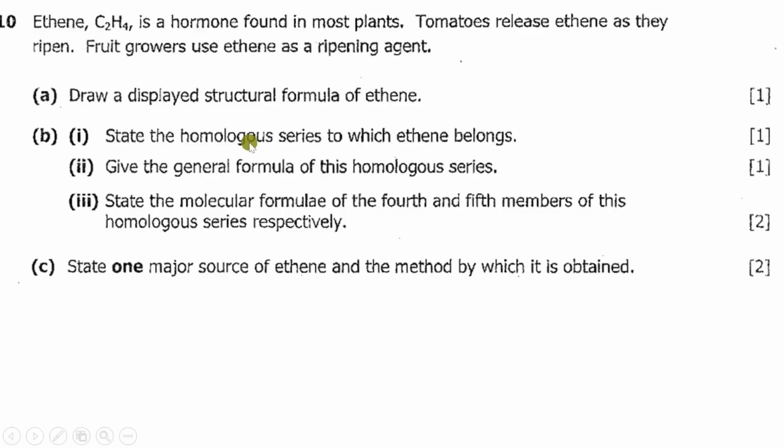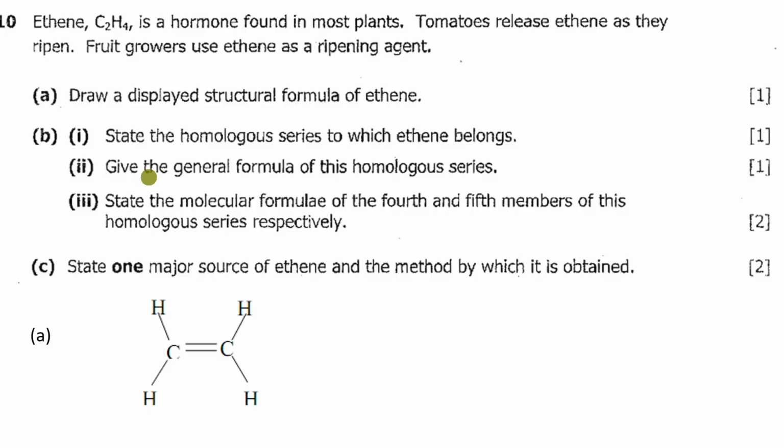So we'll start answering. A, we are asked to draw a displayed structural formula of ethene. This is an alkene, so there will be a double bond.